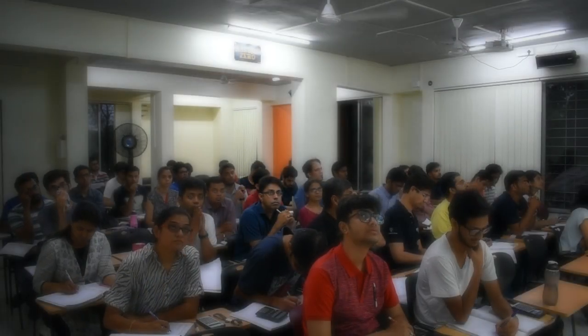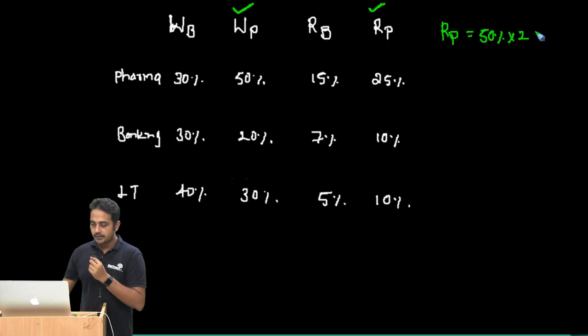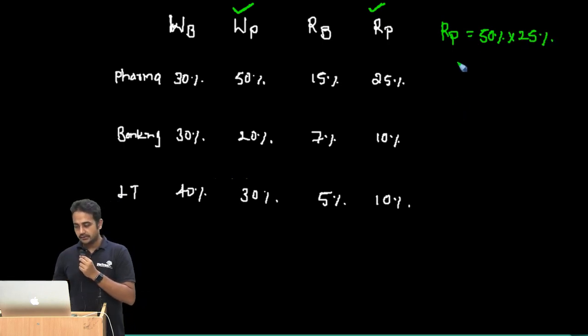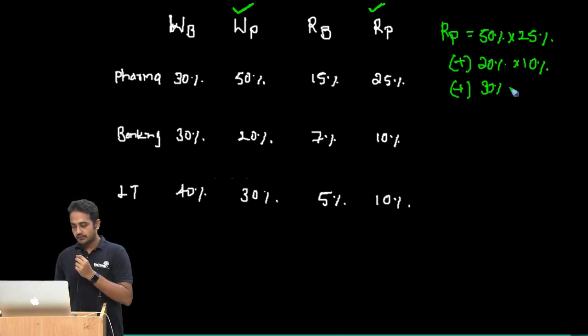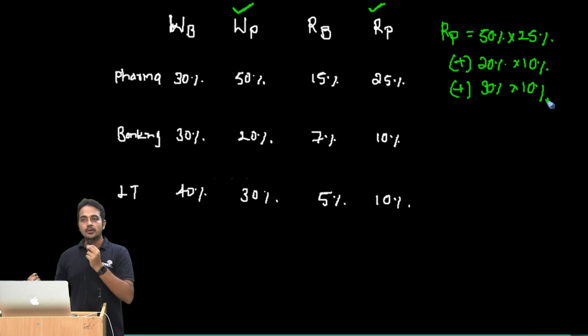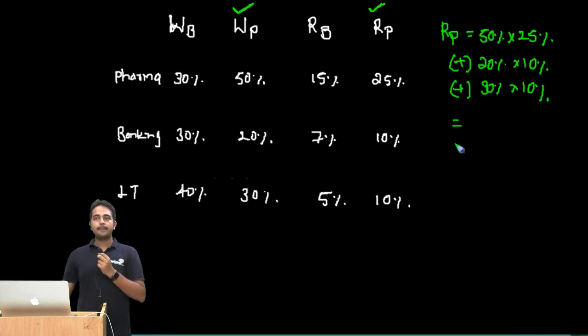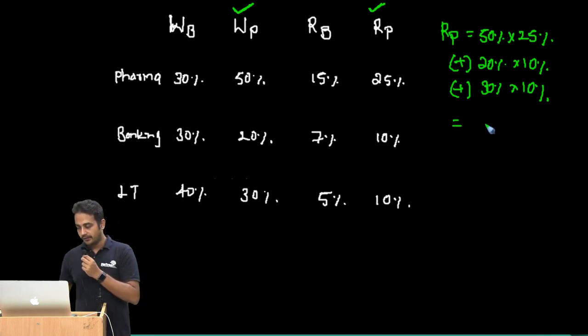So that's going to be 50% into 25% plus 20% into 10% plus 30% into 10%. This is your actual realized return, and that's going to be 17.5.